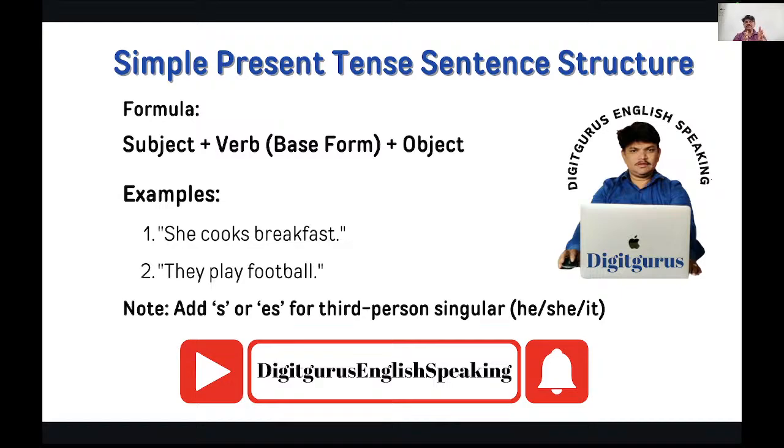Here we have used she, and at the end of the verb cook, we have added s. In a similar way you can use he or it and add s or es according to the base form of the verb. So you may frame your own sentences and type in the chat box.